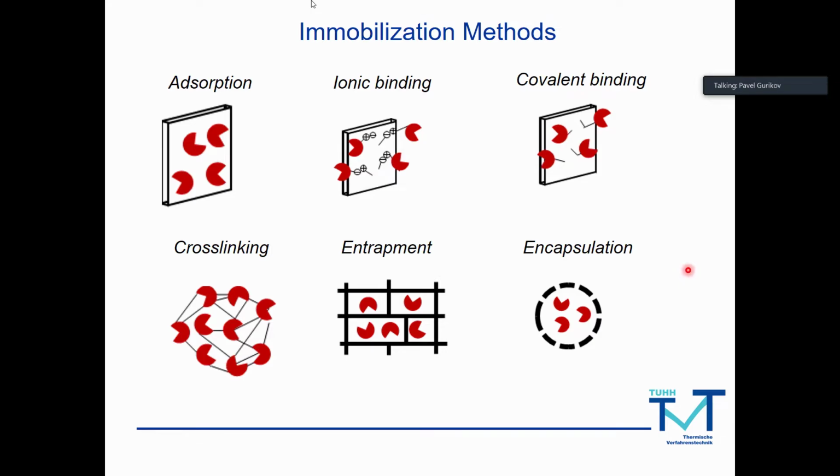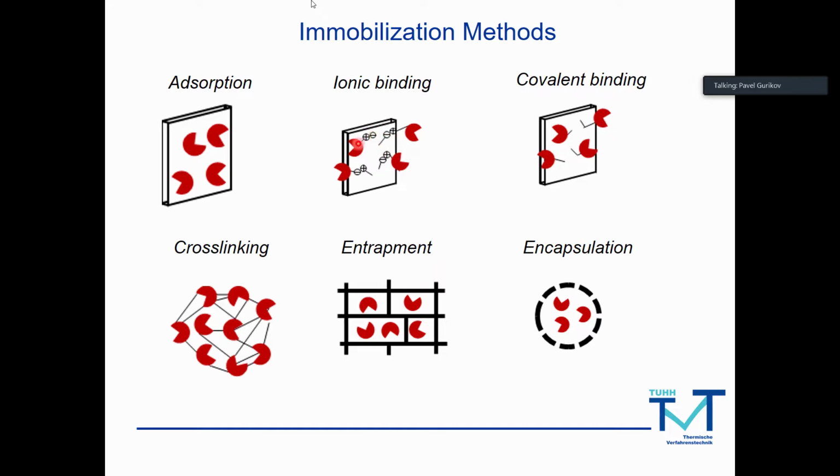What comes to your mind when we talk about immobilization of enzymes? We can simply adsorb them. That's the simplest way. Unfortunately, that's the way which will not work that well, because in time you will wash the enzyme away. Ionic binding is a good option, but ions again can be removed, can be washed away.